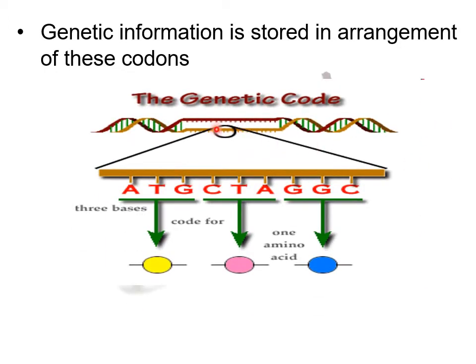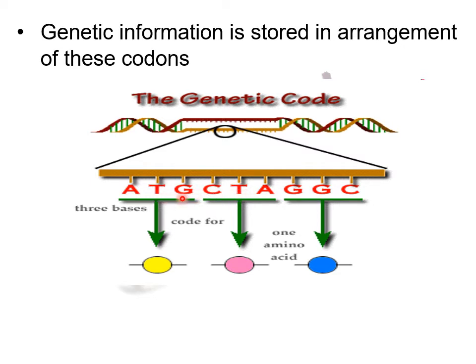From here you can see that this is a DNA. A part of the DNA has been transcribed to form the mRNA molecule with the nucleotide sequence which is complementary to this part of the DNA. Now these nucleotides in the mRNA are arranged as a trinucleotide sequence of codons.